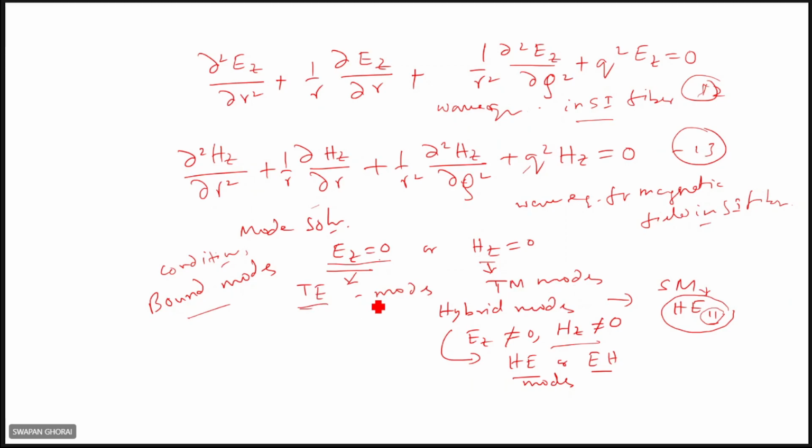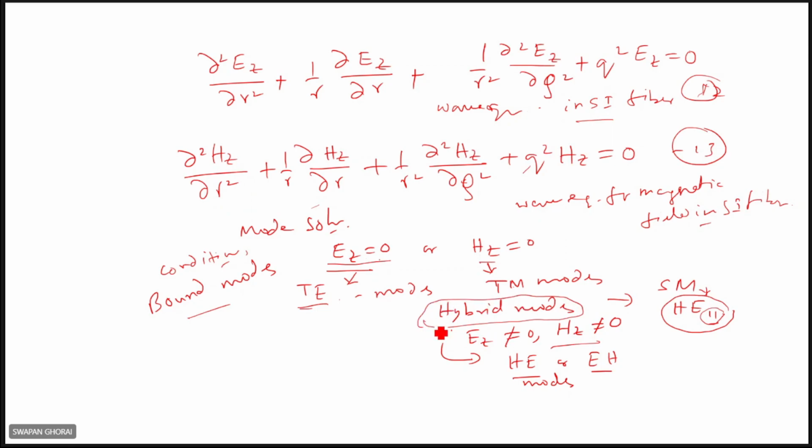So within the fiber there will be TE modes and TM modes. Also, there can be another class of modes when both EZ and HZ are non-zero. If EZ and HZ are non-zero, you also get mode solutions. Those are called hybrid modes.